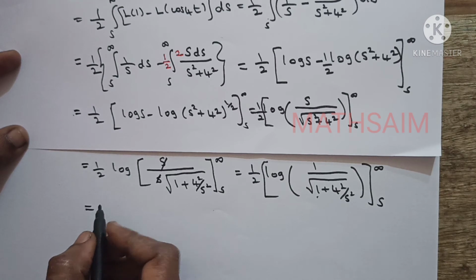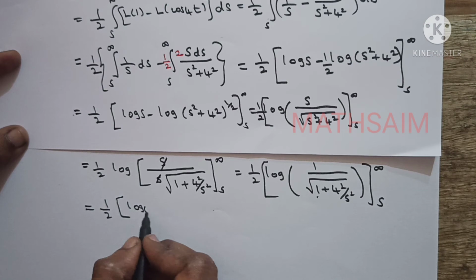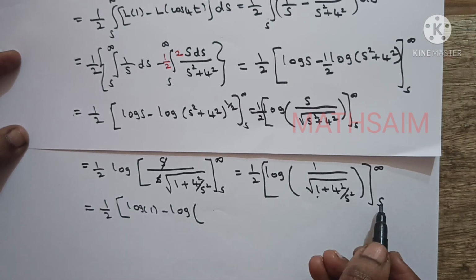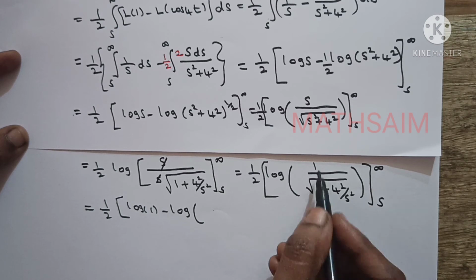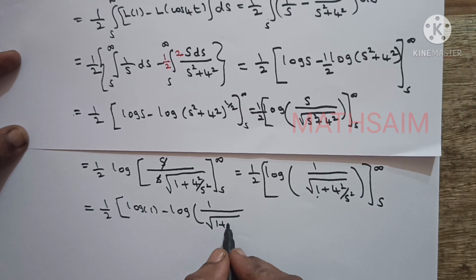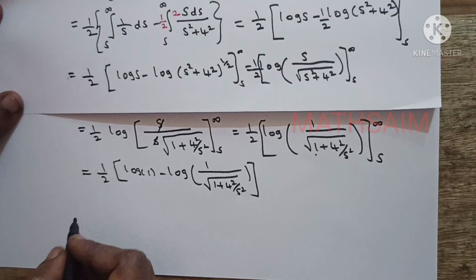So now this will be 1 by 2 into log 1 minus log of the lower limit, which is the same thing: 1 divided by square root of 1 plus 4 square by s square. Now you just see, what is log 1? It is 0.